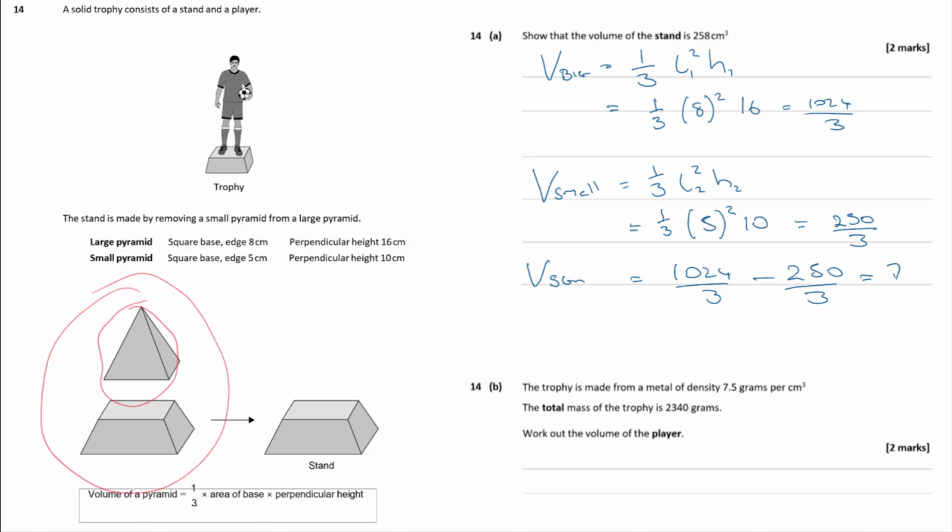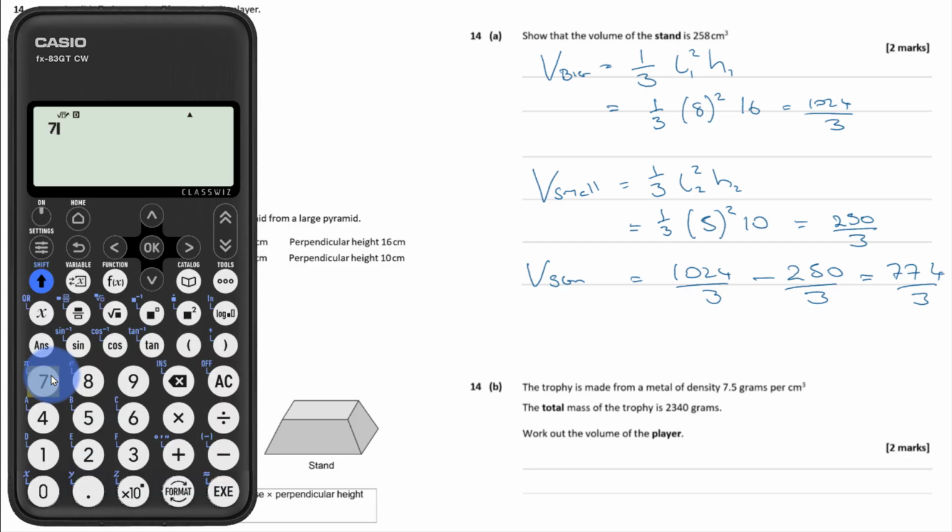Which I'm hoping divides by 3. Yeah, it might do. 774 divided by 3 is 258, so that came out to be a nice number in the end. So we got the right one, didn't we? So it is 258 cubic centimeters.